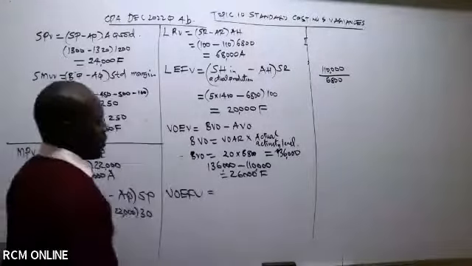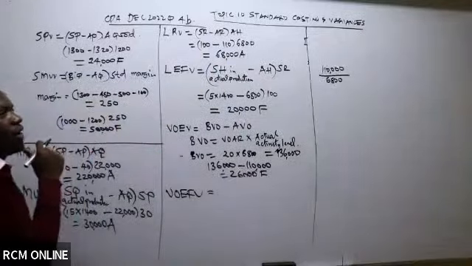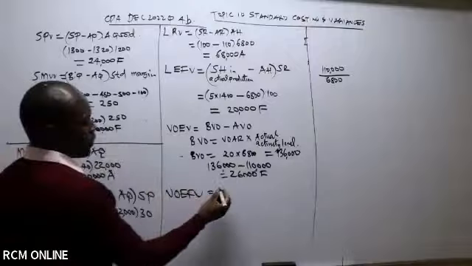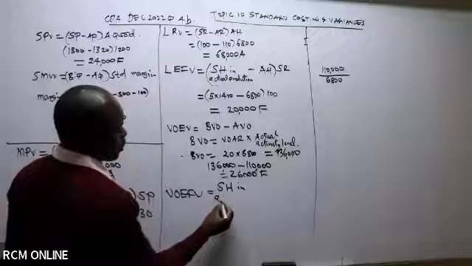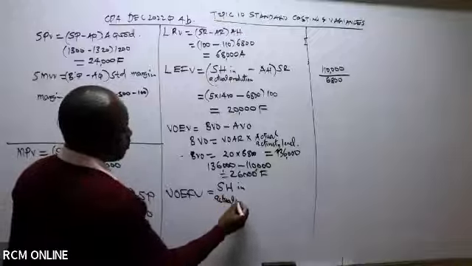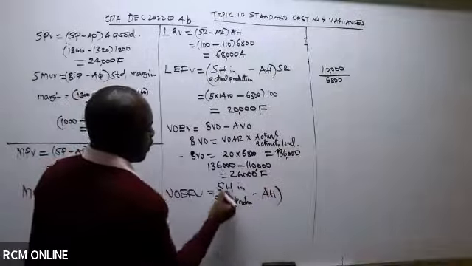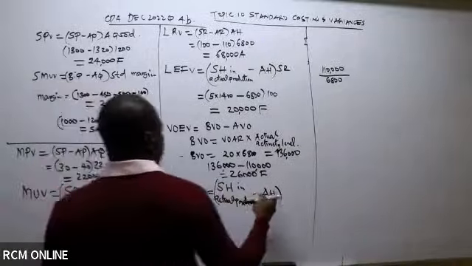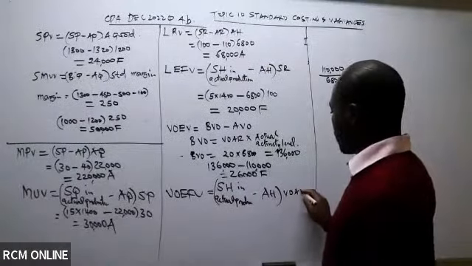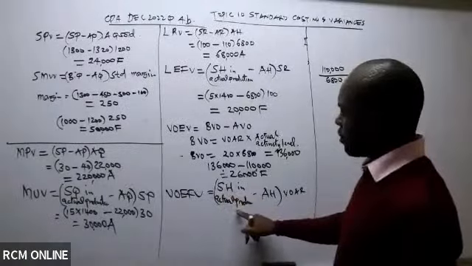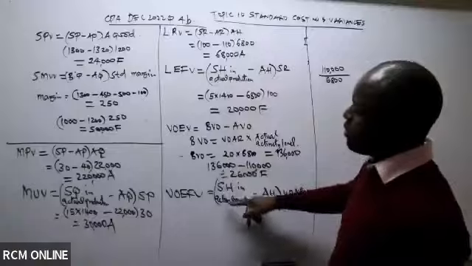It is standard hours in actual production minus actual hours, then standard rate. The standard hours in actual production is the same thing you are getting up here for the labor, because this depends on labor hours.